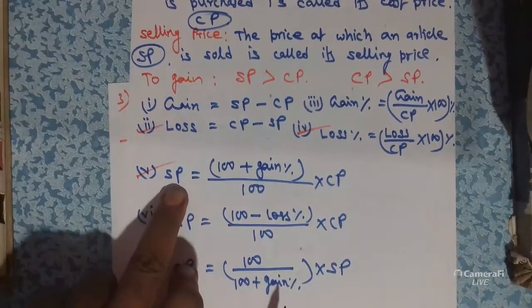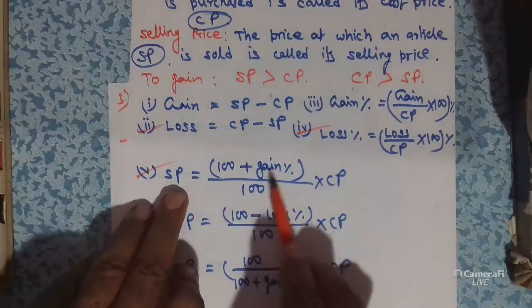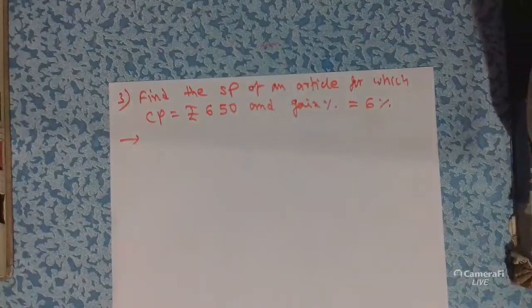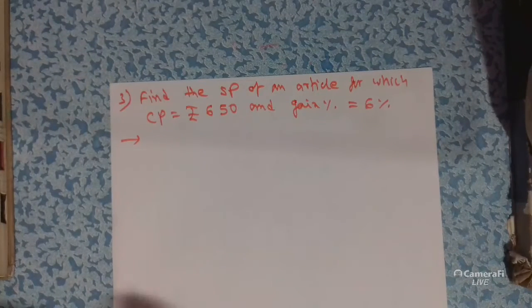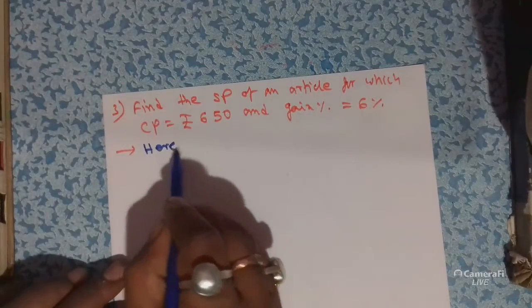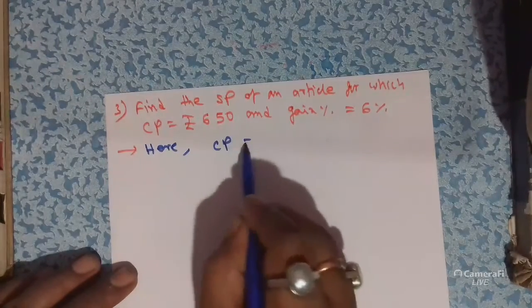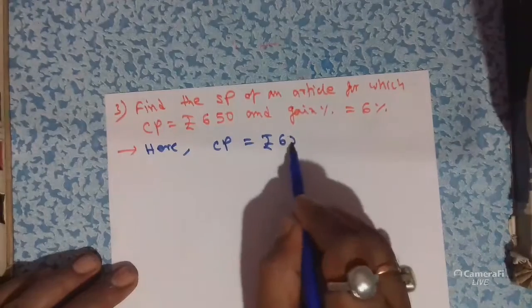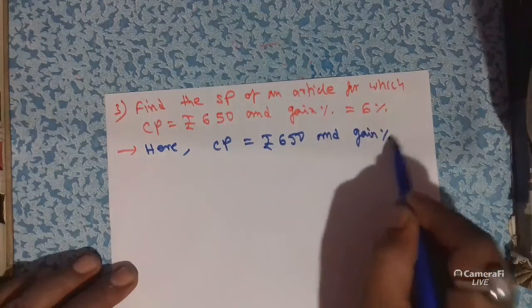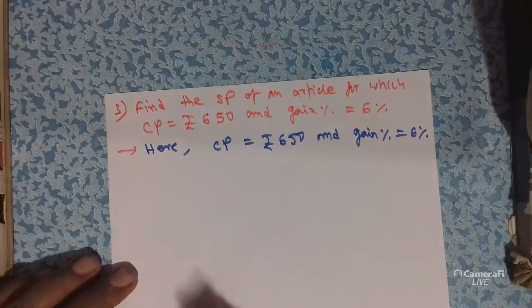SP is equal to 100 plus gain percent by 100 multiply cost price. So here cost price is equal to rupees 650 and gain percent is equal to 6%.